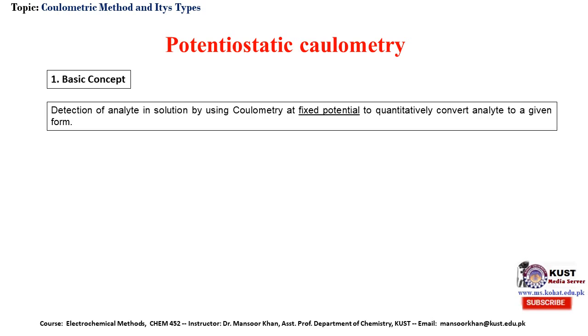It means that the current will be measured at the fixed potential which is required to convert the analyte quantitatively into its desired form. In this method, the current is controlled by the content of the cell.